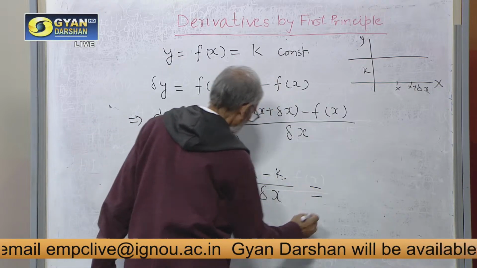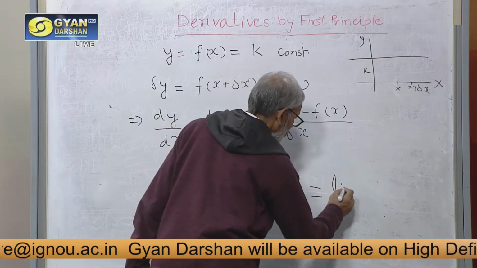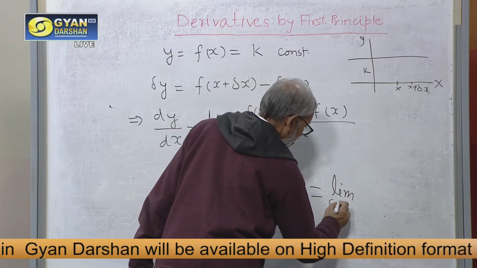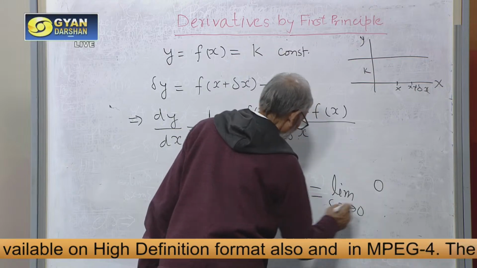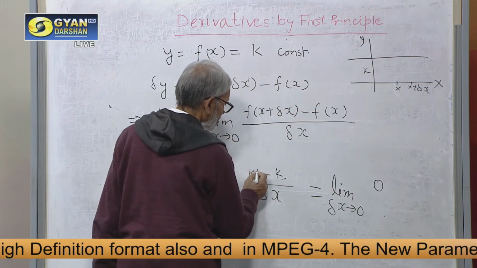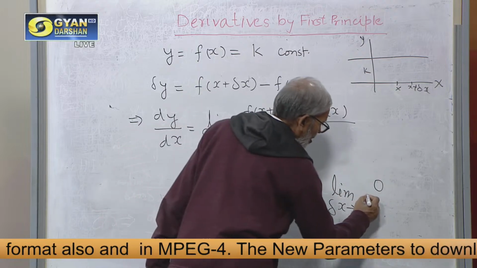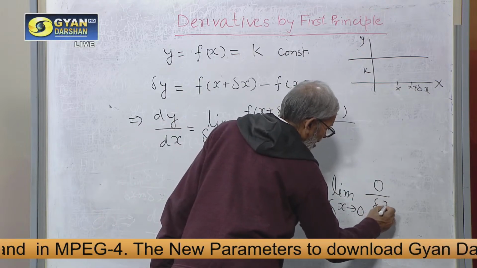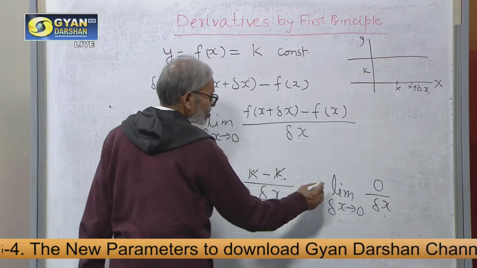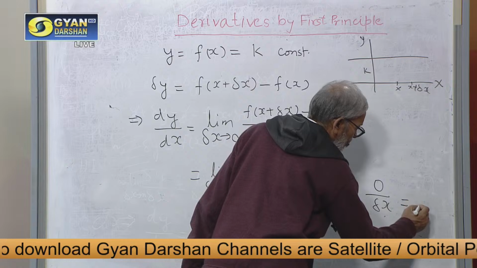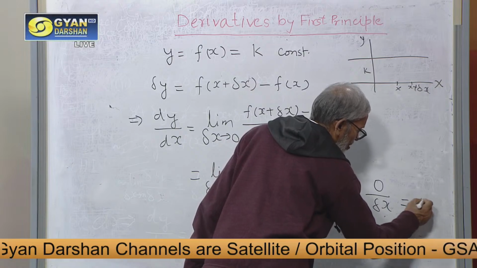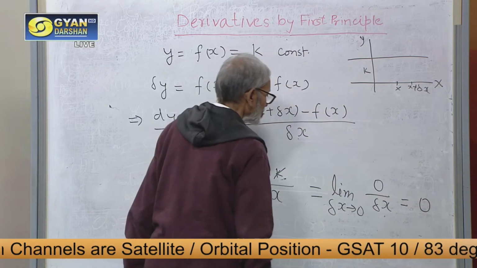This will be equal to limit delta x tends to 0 of k minus k, which is 0, divided by delta x. 0 upon delta x will be equal to 0. So, its value will become 0.